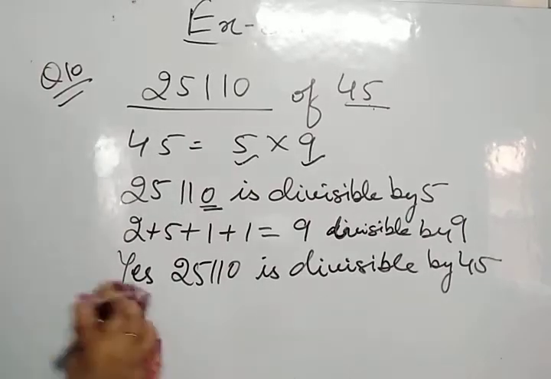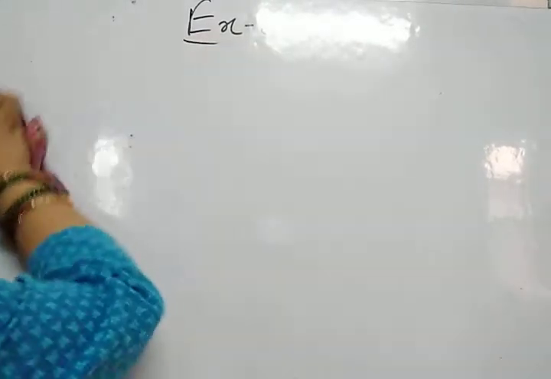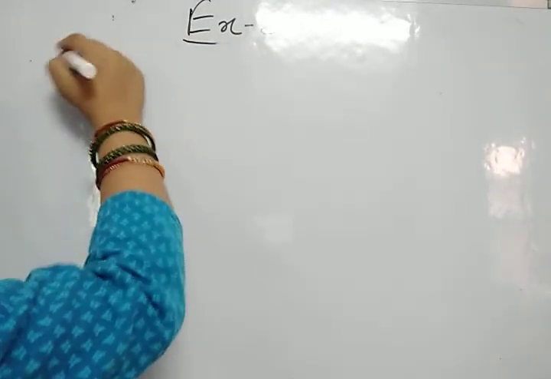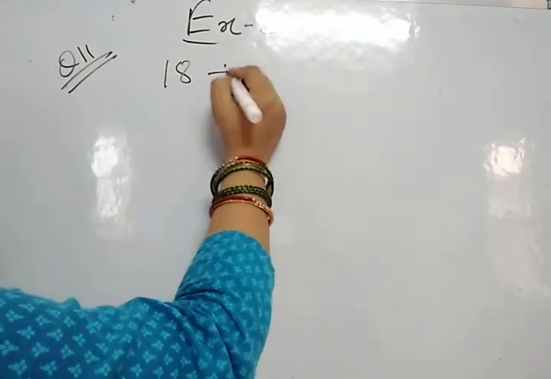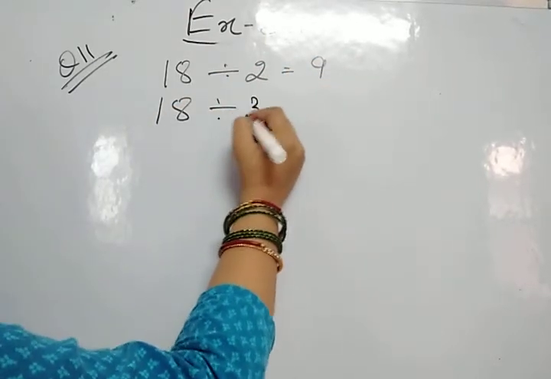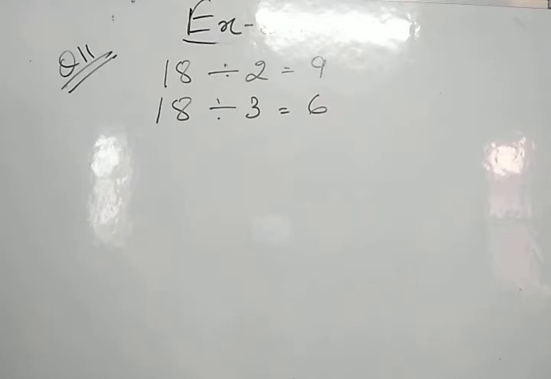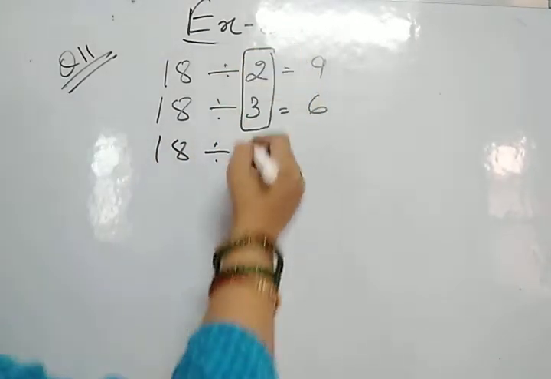Now see the 11th question. The number is divisible by 2 and 3 both. So it is divisible by their product also. 2 threes are 6.